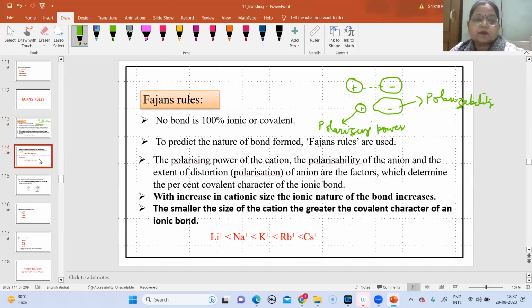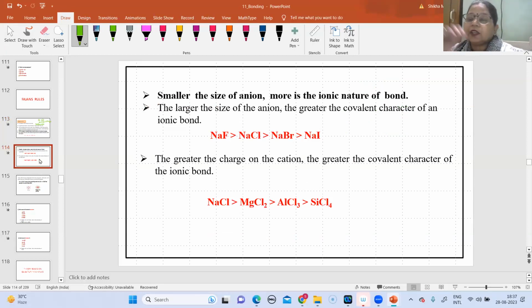Let's move on. Now we are talking with reference to the size of the anion. For the size of the anion, we say the smaller the size of the anion, the more will be the ionic character in the bond, right? The opposite of it is that the larger the size of the anion, the more will be the covalent character, right?